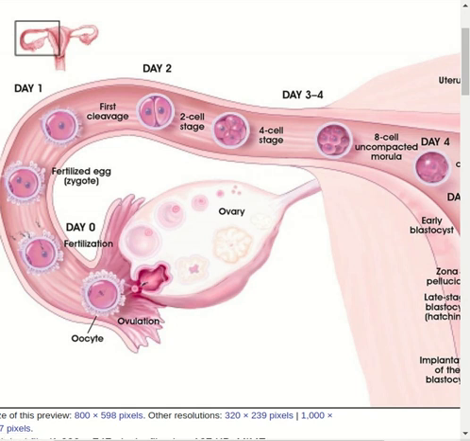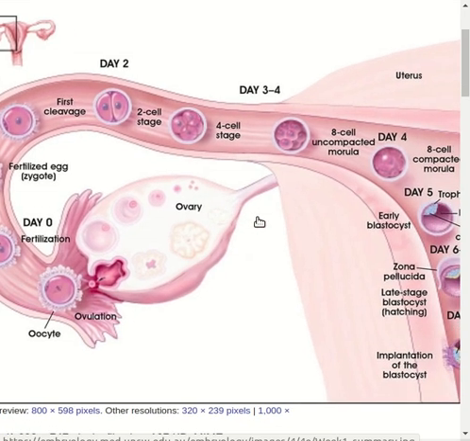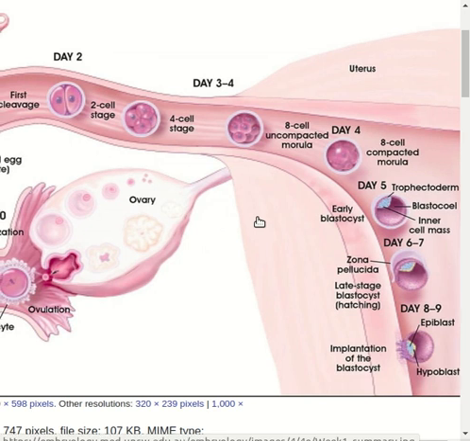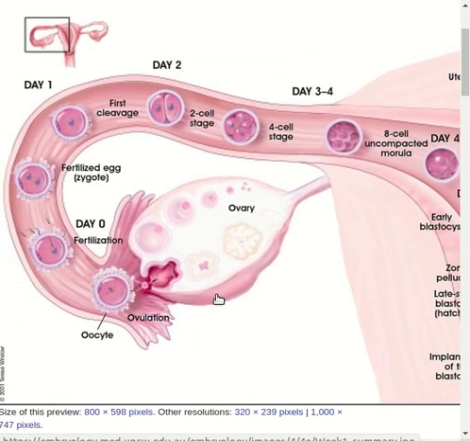Now we're going to talk about fertilization and implantation. So in short, our story starts from the ovulation until day 9. Day 0 will be the ovulation of the oocyte.